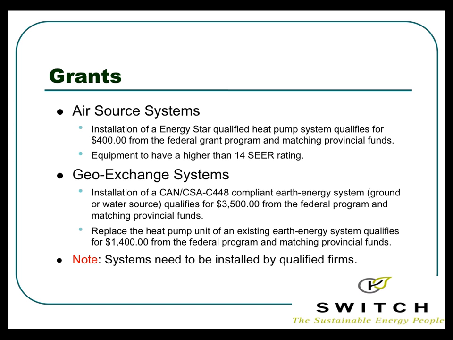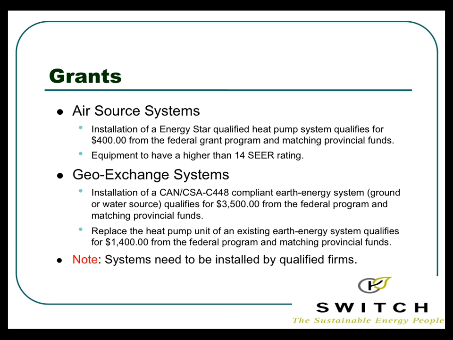In terms of the grants and incentives, you do see through a Eco Energy grant system that they have grants for your air source system and they have grants for your ground source system. Important, you can get $400 here from the grant on the federal side and of course matching funds from the provincial side for that air source heat pump. But one thing you have to remember is you're going to look for the efficiency rating, which is 14 SEER.